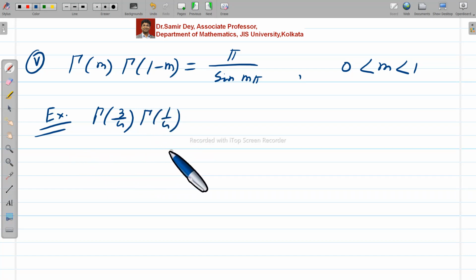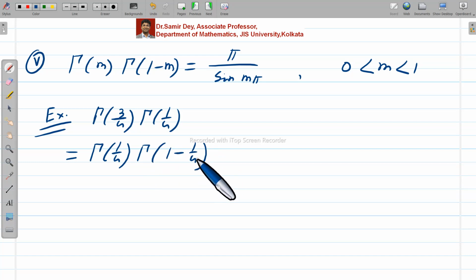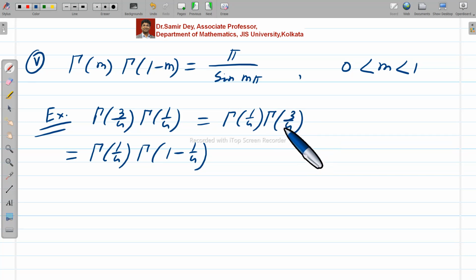You can express this in this form: 1 by gamma 1 by 4 and gamma 1 minus 1 by 4. If you take the LCM, 4 minus 1 comes to 3. First you have to rearrange it, that is gamma 1 by 4 and gamma 3 by 4.